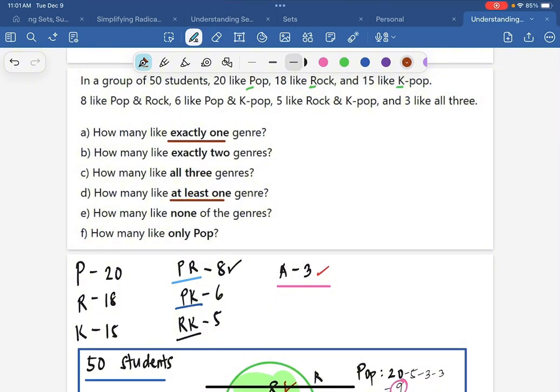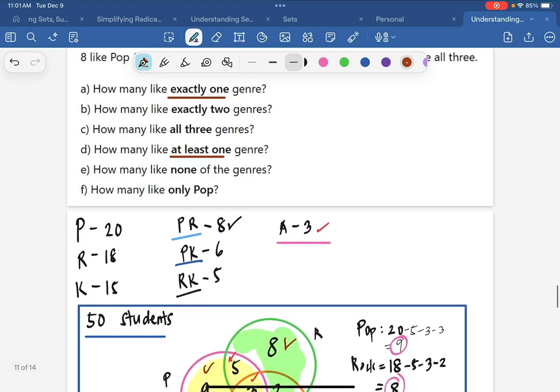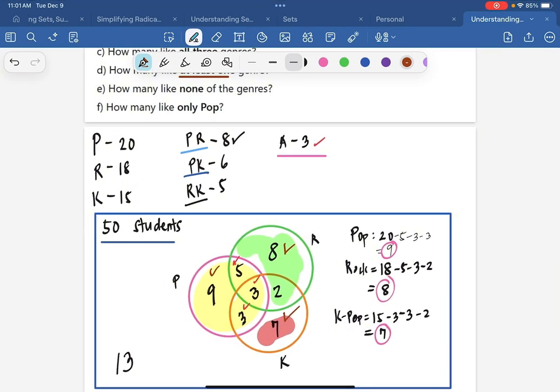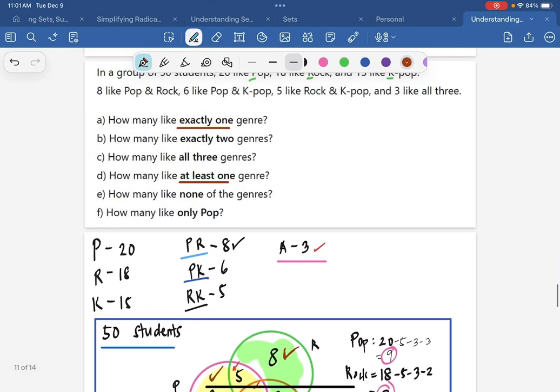So we just need to add all the exact, limited, or single genre liked by a person. So the 9 plus 8 plus 7. So 9 plus 8 plus 7 is 24.